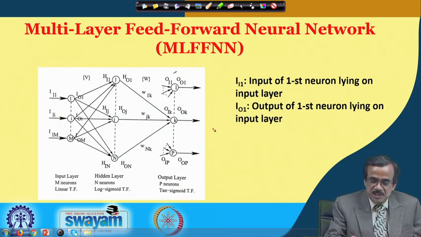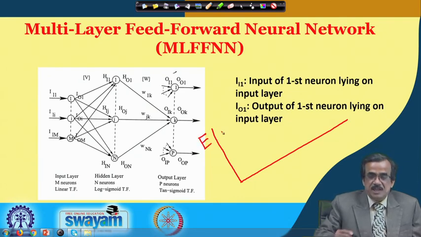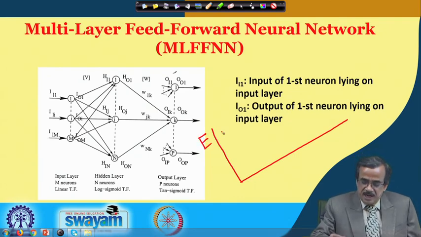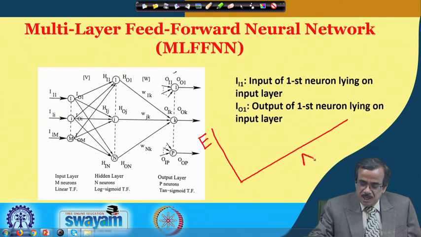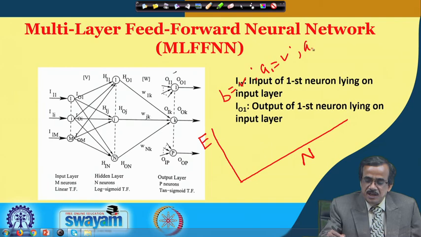So, what I can do is plot the error of this network, that is, error in prediction, and here we have the number of neurons to be put in the hidden layer, and we keep some fixed value for b, and for A 1 and A 2.